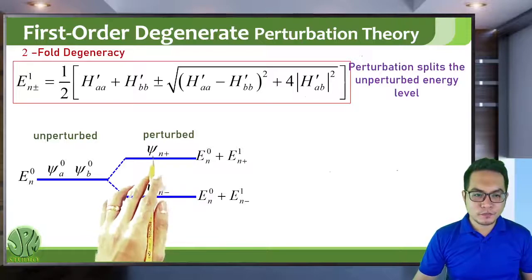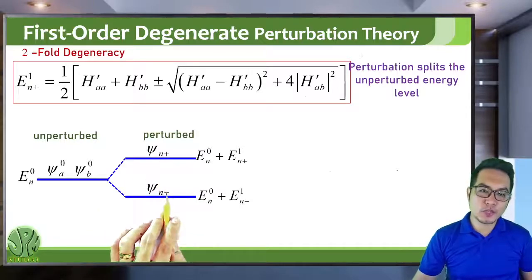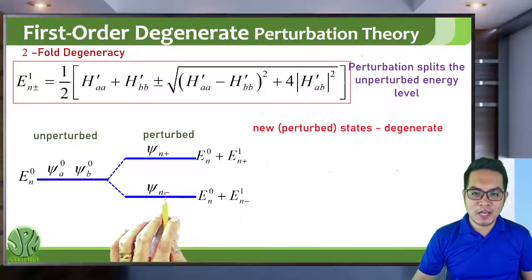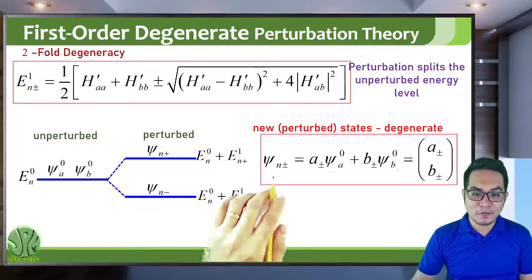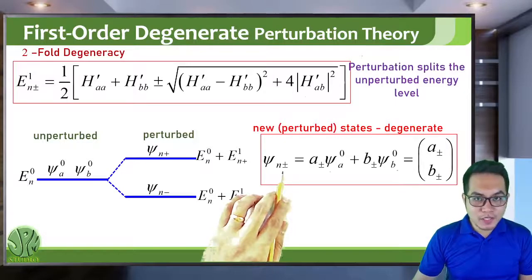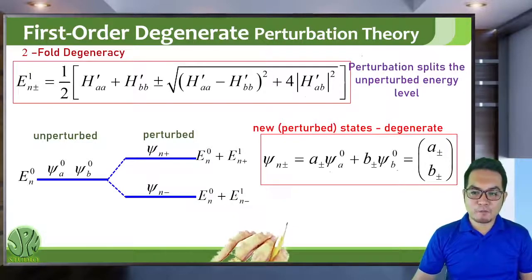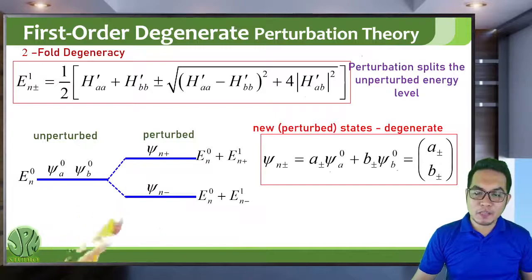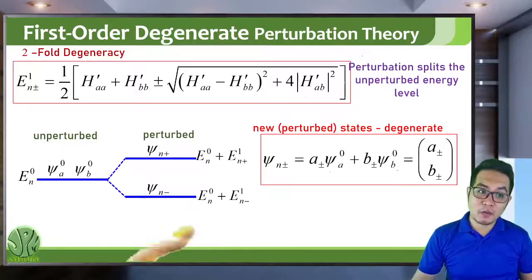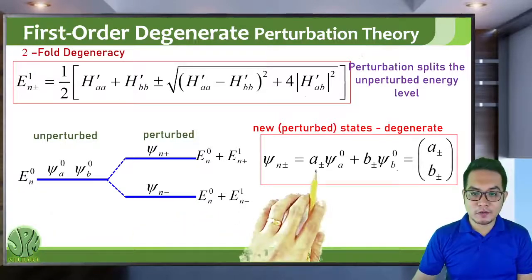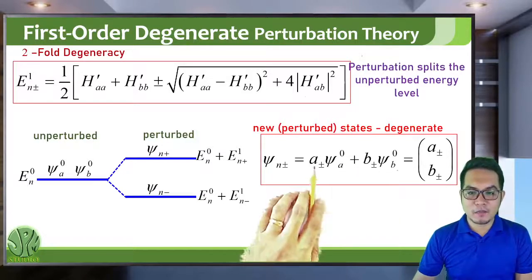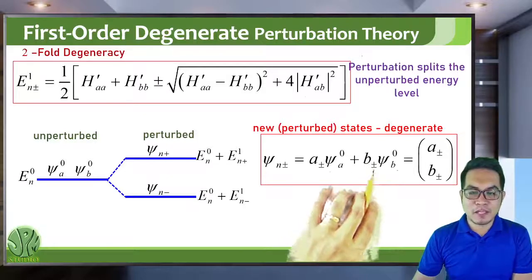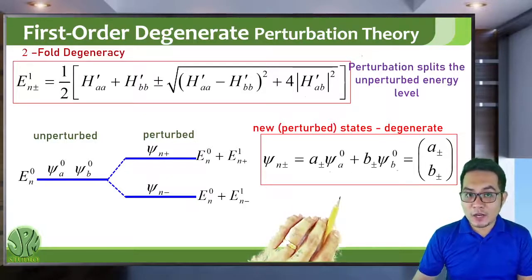So they will now have two new states, psi n plus and psi n minus, and these new perturbed states are actually now non-degenerate. And these new states are actually just from our previous lesson. Basically, the new states are just linear combinations of the old, or the unperturbed states, psi A and psi B. And A plus minus and B plus minus here are just the linear combination coefficients.